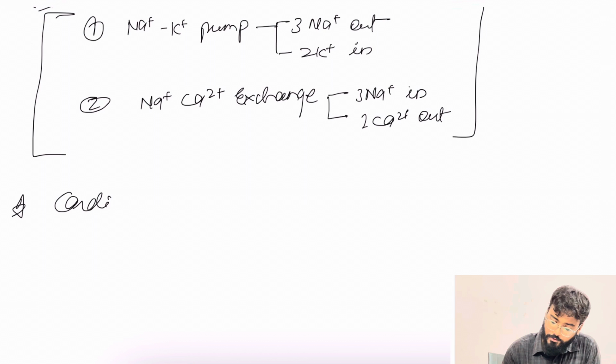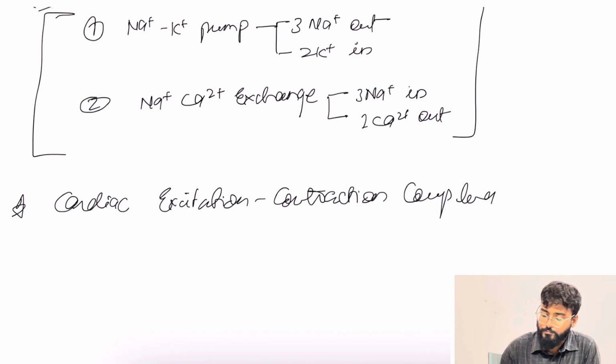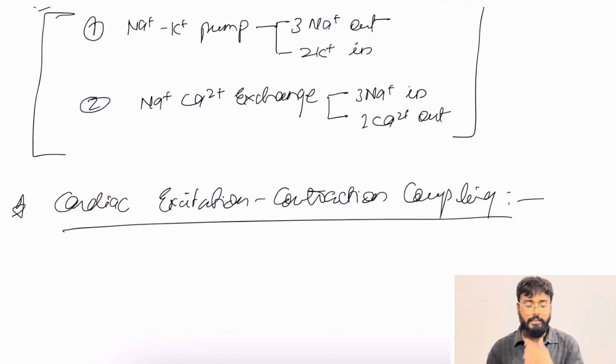Cardiac excitation contraction coupling. Whenever there is electrical stimulation of the cardiomyocyte, it in turn causes actin myosin cross bridge formation, and further it causes contraction of the cardiomyocyte.